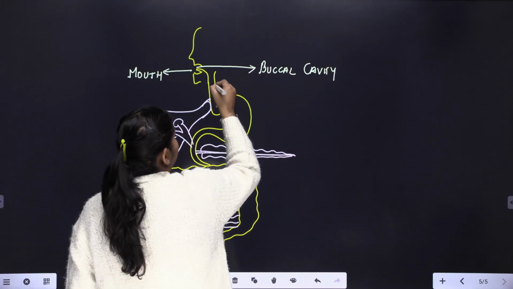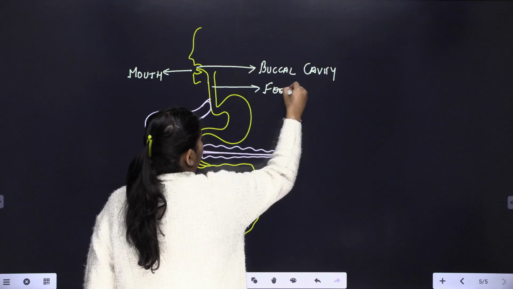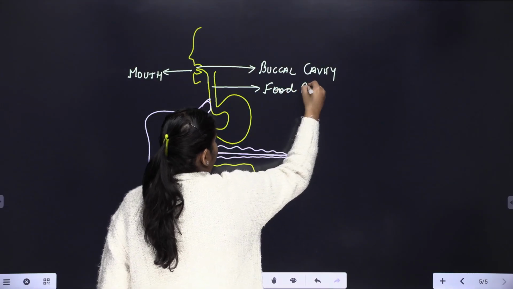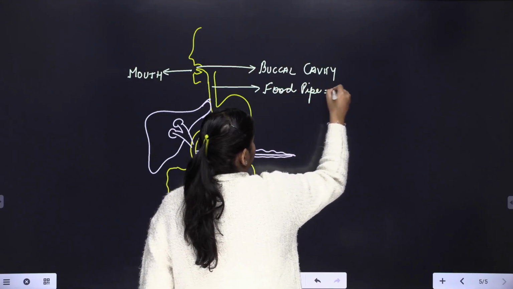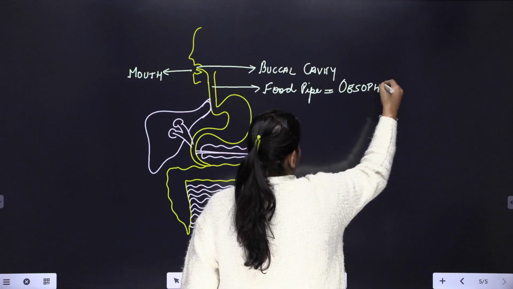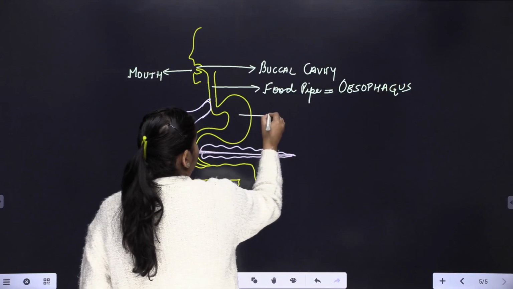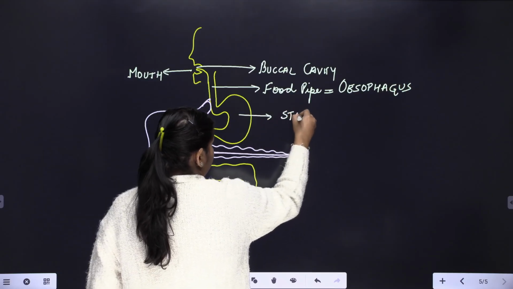Then this leads into the food pipe, which is esophagus. Right? Then is the stomach.